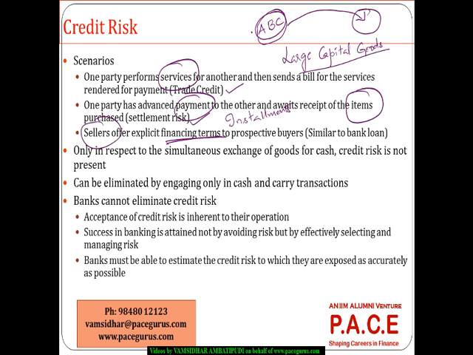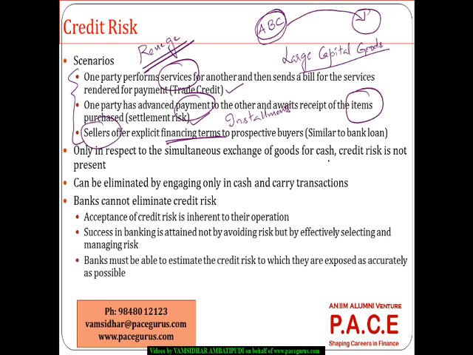In that scenario, where sellers are offering explicit financing terms, the person can very well take the item and may not fulfill the financing terms and conditions set as part of the contract. So in all these scenarios, one party can renege on the agreement, which may very well result in credit risk.